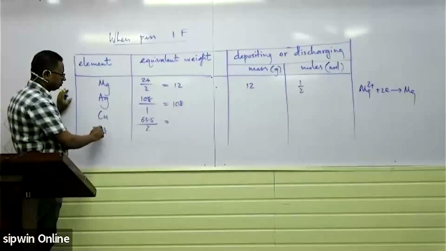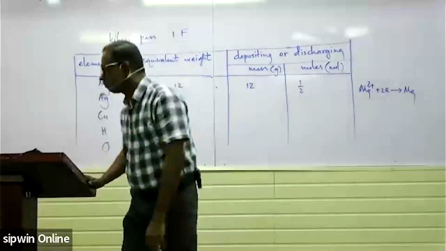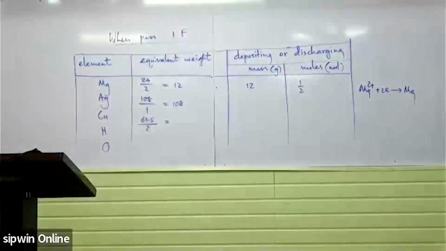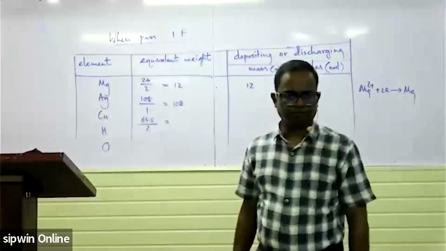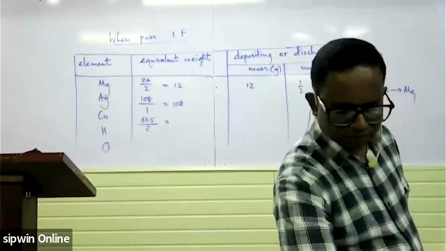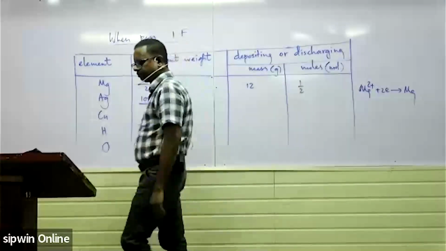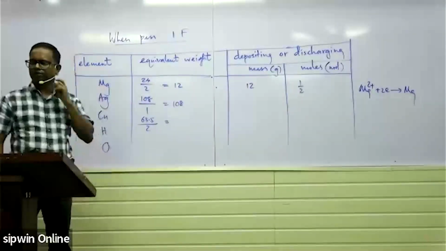Hydrogen, oxygen, complete these. Copper: 63.5 divided by 2 is 31.75.